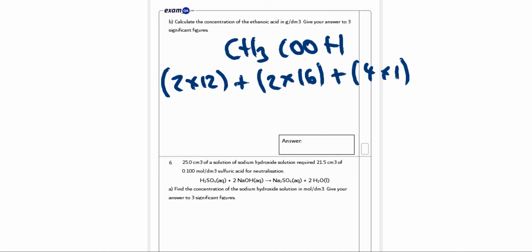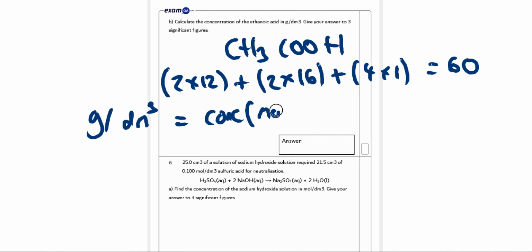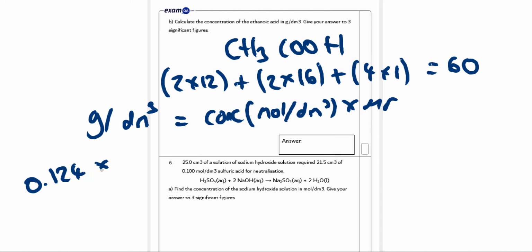Plugging that into our calculator, 24 plus 32 plus 4, we get an Mr of 60. And to find the concentration in grams per decimeter cubed, that's equal to the concentration in moles per decimeter cubed times the Mr. So it's simply 0.124 times 60, which is equal to 7.43 grams per decimeter cubed.